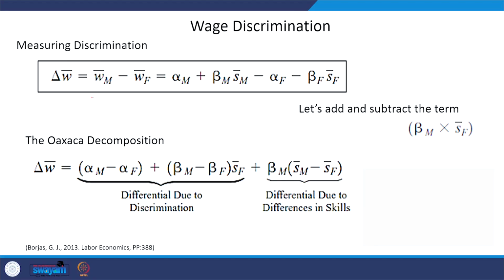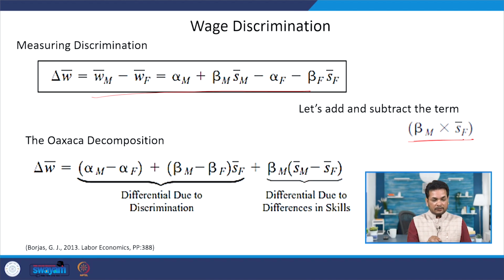We can then rewrite delta W bar as alpha m minus alpha f, plus beta m minus beta f times S bar f, plus beta m times Sm bar minus Sf bar.